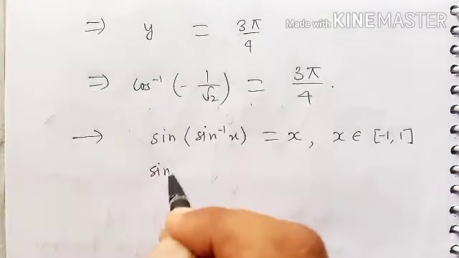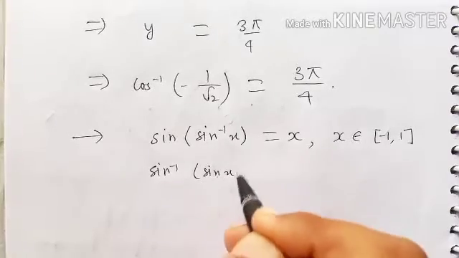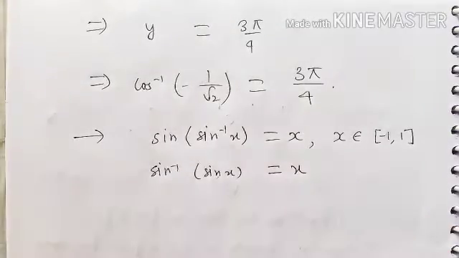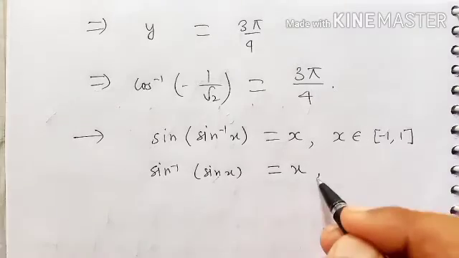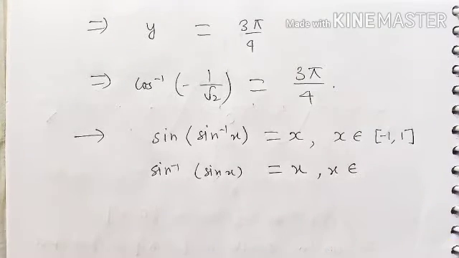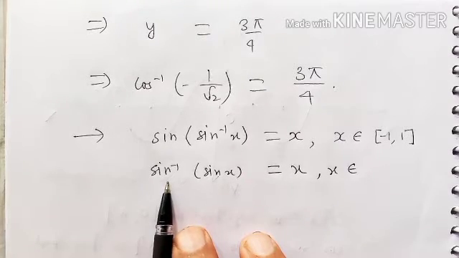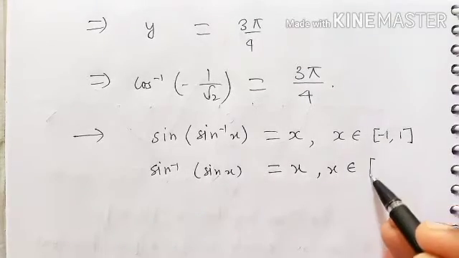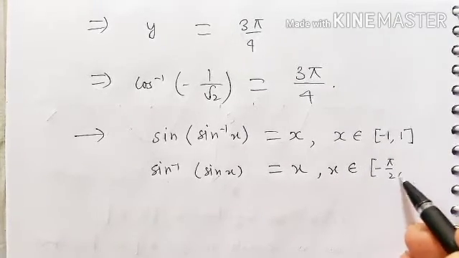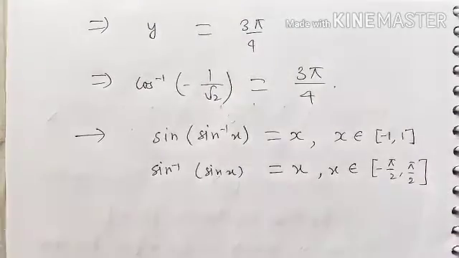Here there is sine inverse sine x. This is also x, where x belongs to the range of sine inverse, and the range of sine inverse is minus pi by 2 to pi by 2.